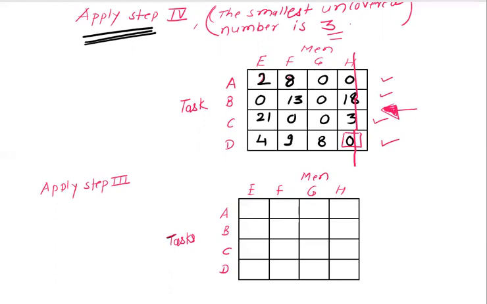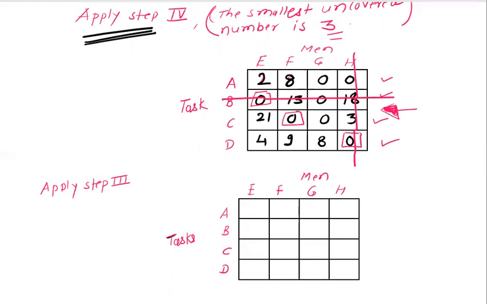Now look at the columns. The first column contains a single zero, this is an assignment in a column. So we draw a horizontal line because we have made an assignment in a column. Now look at the second column. Again, there is a single zero in the second column.